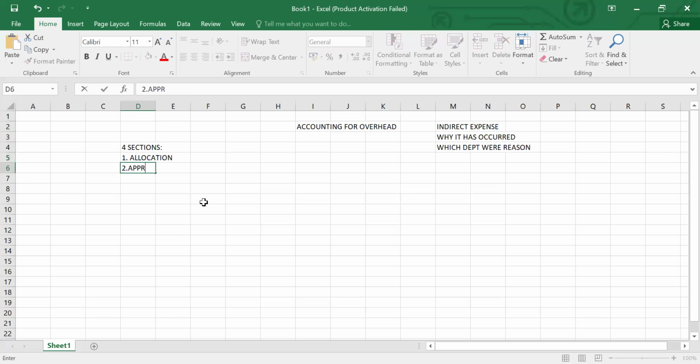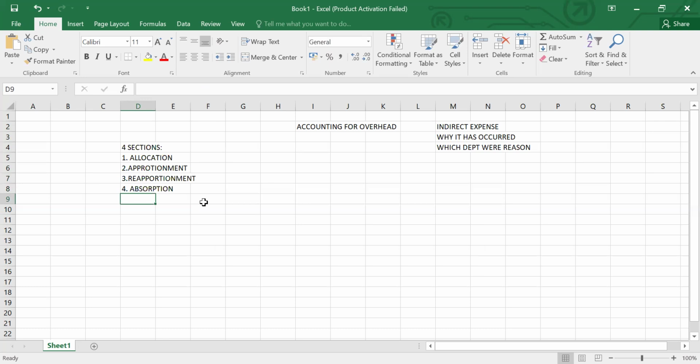Number two is apportionment. Number three is reapportionment. Actually, apportionment and reapportionment are not separately identified. They're combined together, but I have written them separately here for understanding purposes. And number four, we have absorption, right?